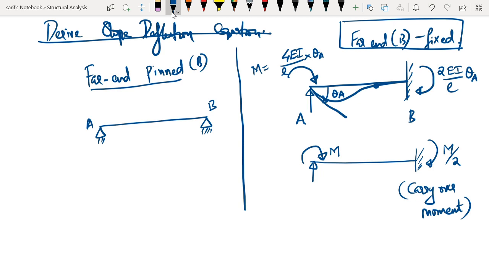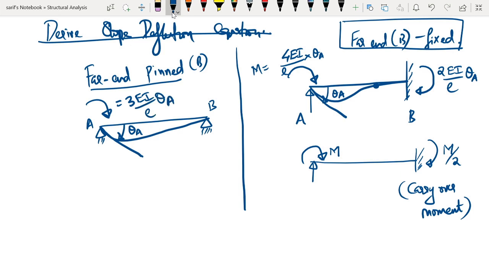And imagine we need a theta rotation here. So this is the tangent and this is theta A. The moment that you have to apply here to get a theta rotation is equal to 3 EI by L into theta A.